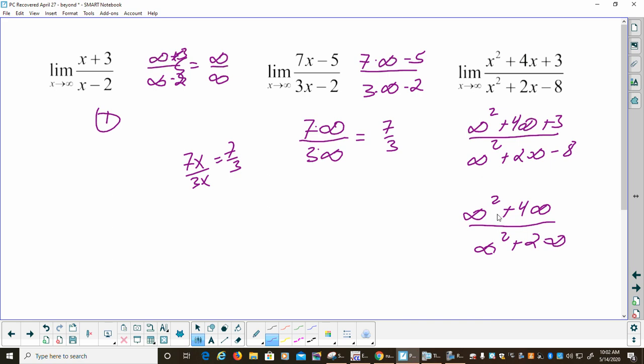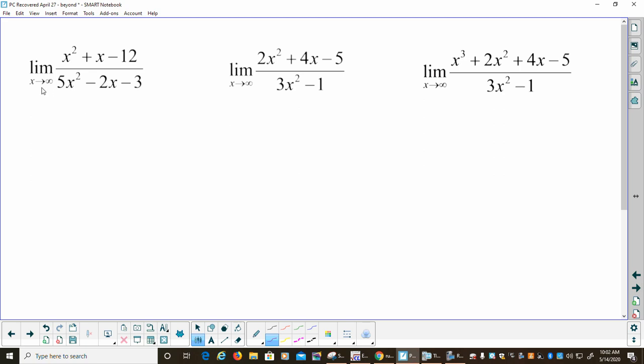These compared to each other, this piece is infinitely times larger than that piece, even though that's 4 times infinity. This piece is also going to cancel out as compared to the size of this one. This is tiny compared to this, because this is infinitely times larger than 4 times infinity. Same deal here. So you're left with infinity squared over infinity squared, which is the same size top and bottom, so it's worth 1.